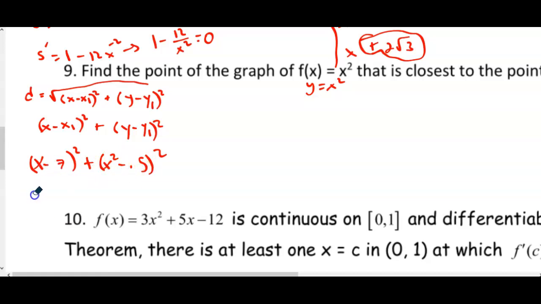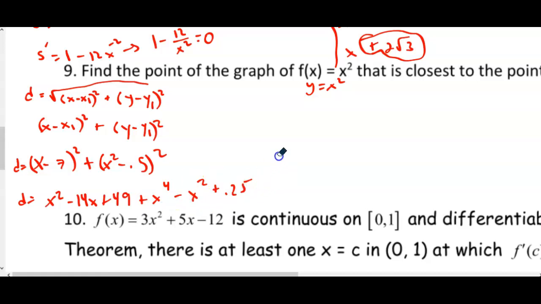So when we FOIL that out, that is x squared minus 14x plus 49. And then we need to FOIL this as well. And when you do that, you get, let's see here, x to the 4th minus x squared plus 0.25, okay?